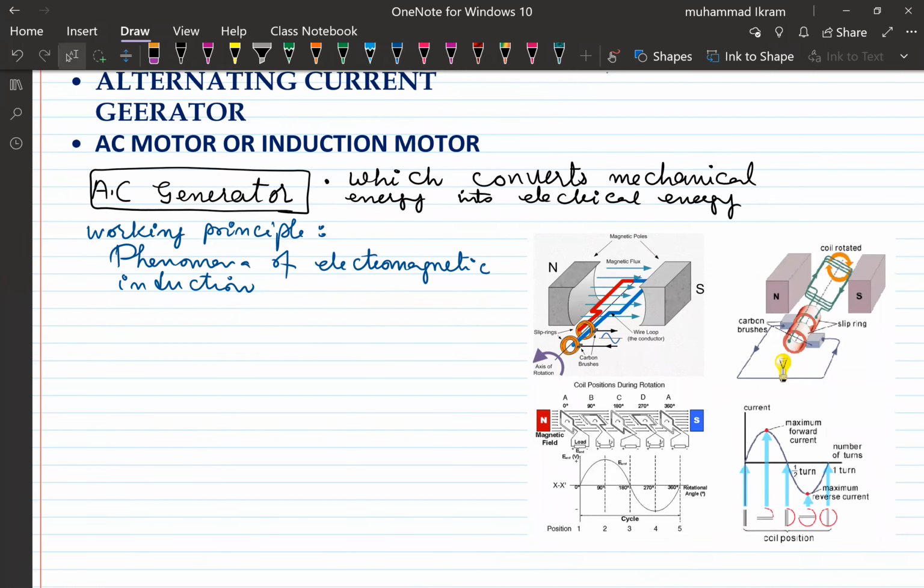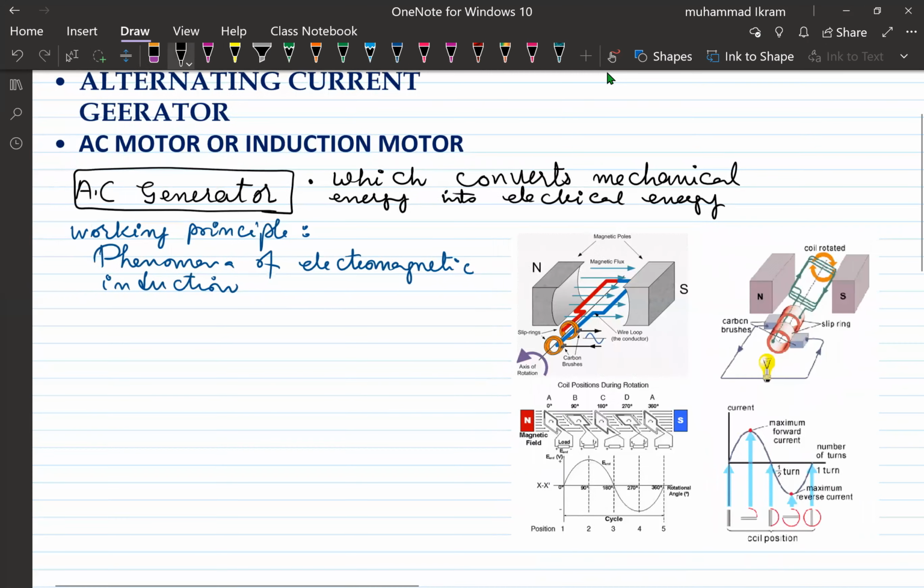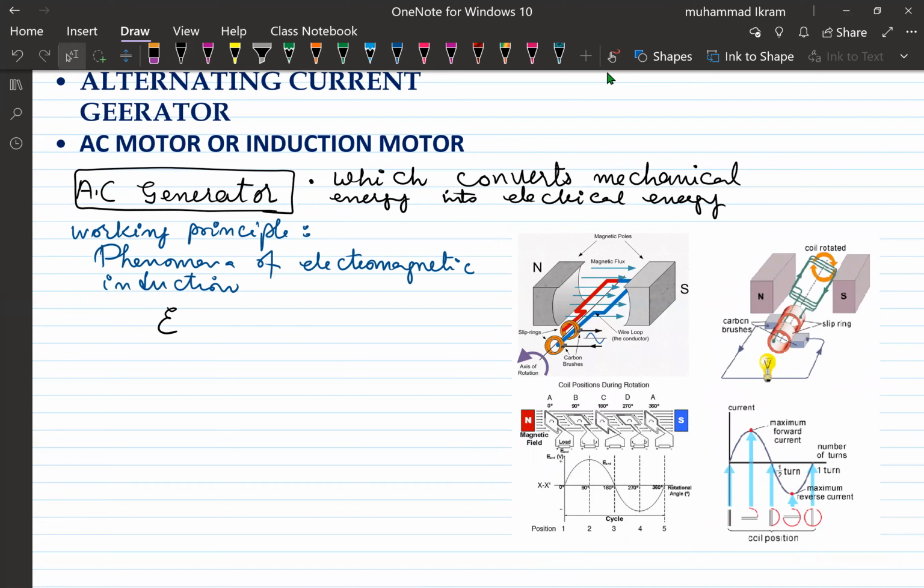The induced EMF generated for the AC generator can be written as E equals E max into sine 2 pi f t. Here, this E max is the maximum voltage we can obtain, or the maximum induced EMF.